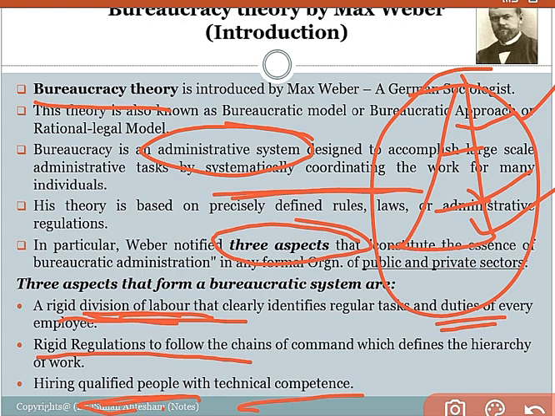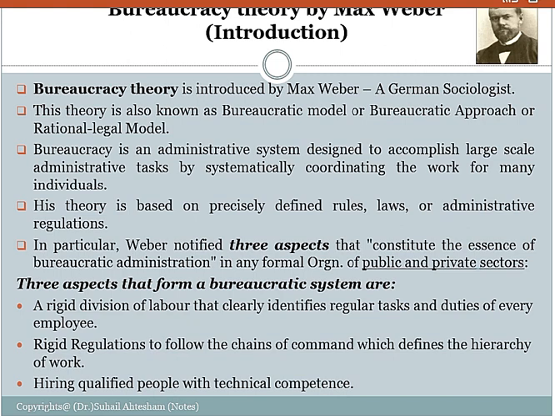There must be a specialized person working for the organization, and there must be a merit list, so that according to the merit list we may hire the employees who have the technical competence, the capabilities and efficiency of working in the right way in the organization. So this is all about the introduction of bureaucracy theory.